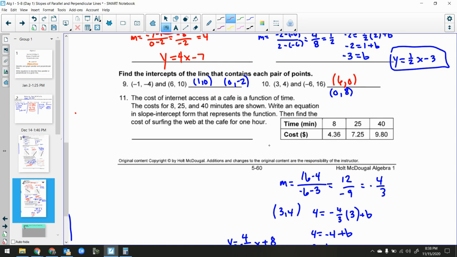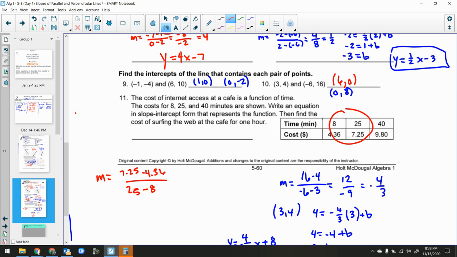All right, number 11 here. The cost of internet access at a cafe is a function of time. The cost is shown. So basically what I want to do here is that since I know that it's linear, I'm going to find the slope and then use the points to find the y-intercept. So the slope, let's use these first two coordinates here. The slope is going to be 7.25 minus 4.36 divided by 25 minus 8.